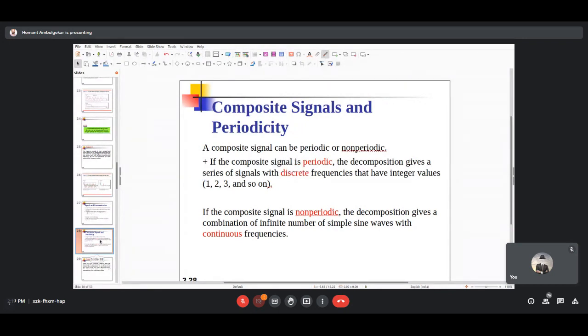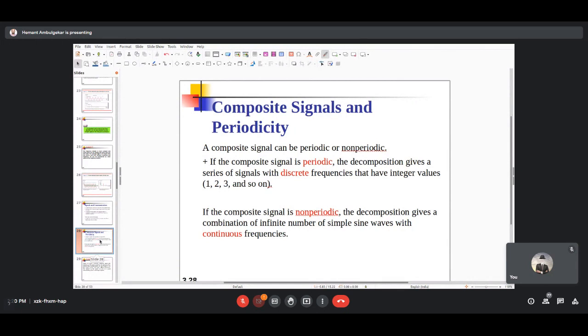If our composite signal is periodic, then when we decompose it, we get a series of signals with discrete frequencies, with frequency values in integers.